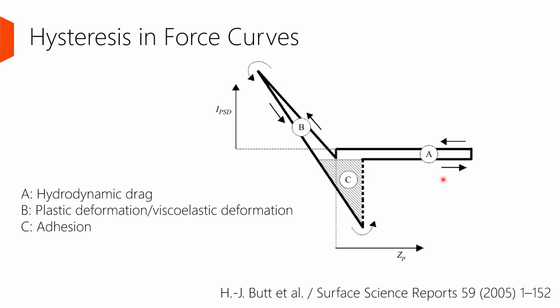This is typically due to the hydrodynamic drag in the liquid. In the contact regime, we can also see a difference between the forward and backward curve. This can be due to plastic deformation or viscoelastic deformation. And in C, we already know that this is typically due to adhesion.